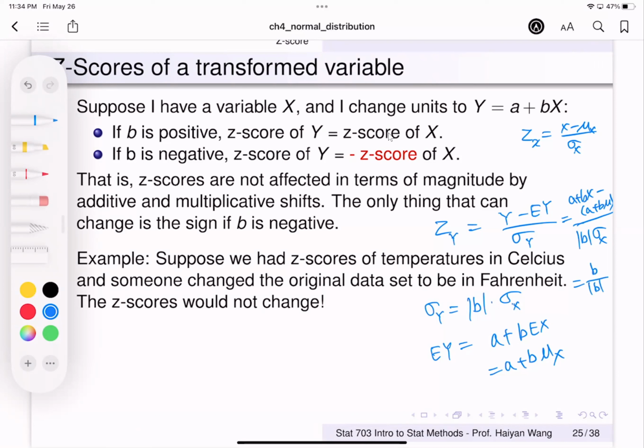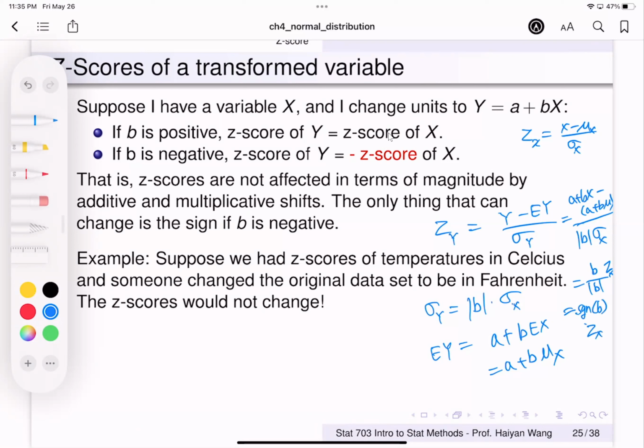The a will cancel out, so this times the z of x, because we have b times x minus mu divided by sigma x. So basically it is the sign of b times the z of x.